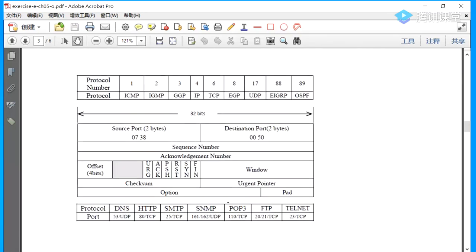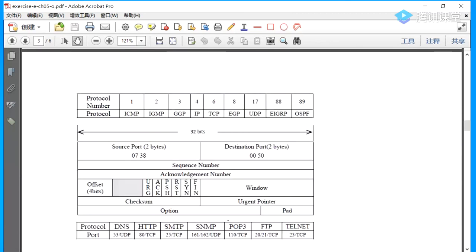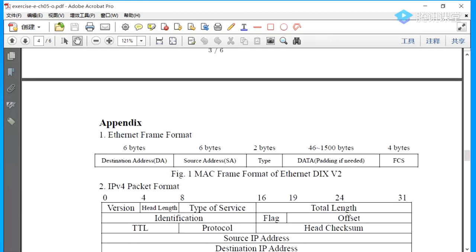Then, in the final examination or final big assignment, I will supply an appendix.